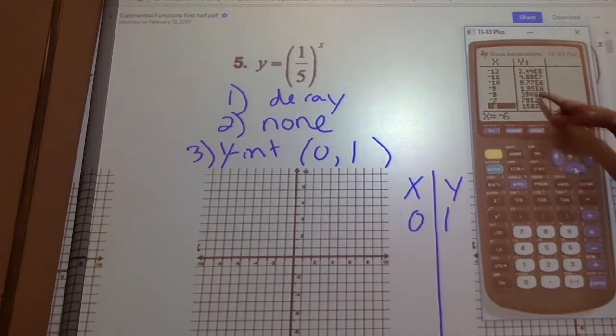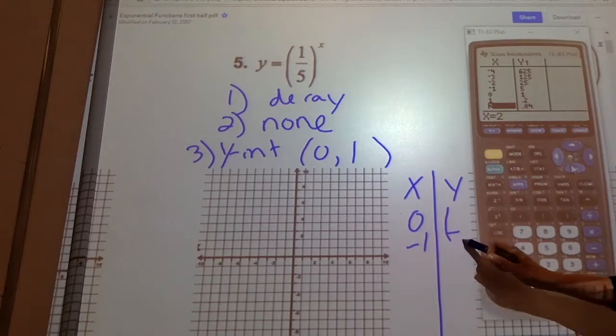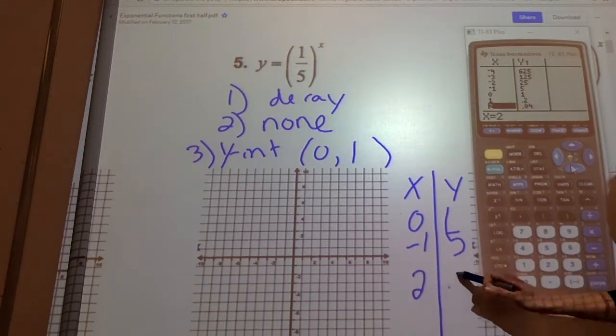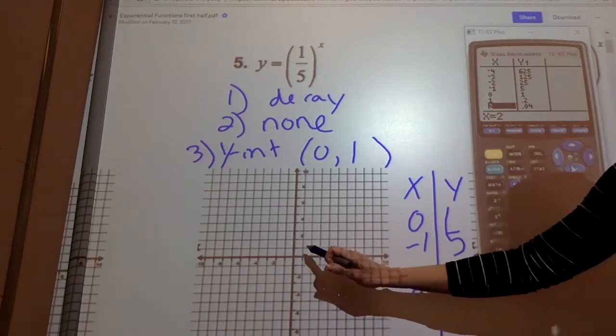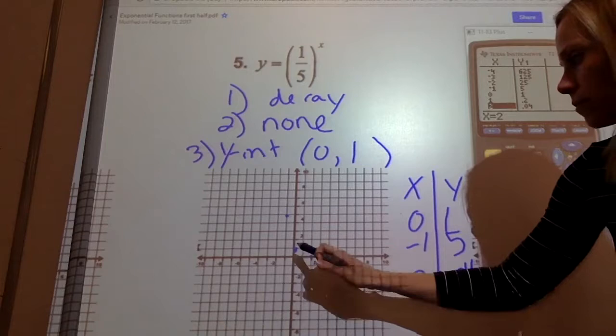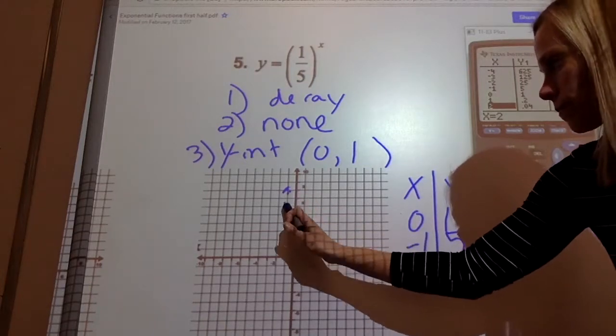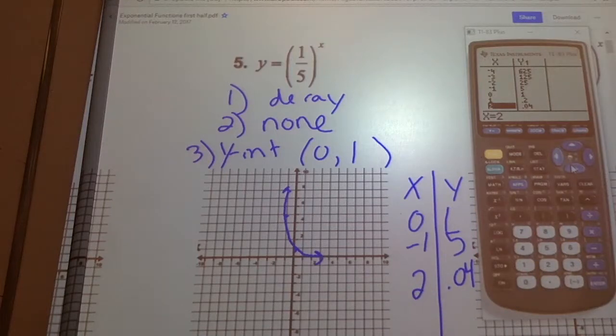Be careful of the e's. Those are really big numbers there. I don't get a number that works until negative 1. So negative 1, 5, and then I can do 2, 0.04. There'd be 3 nice points: 0, 1, negative 1, 5, and then it's going to come down like that.